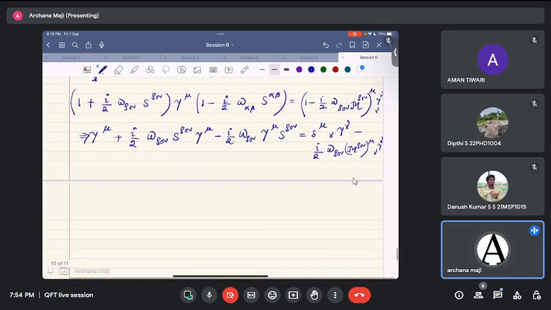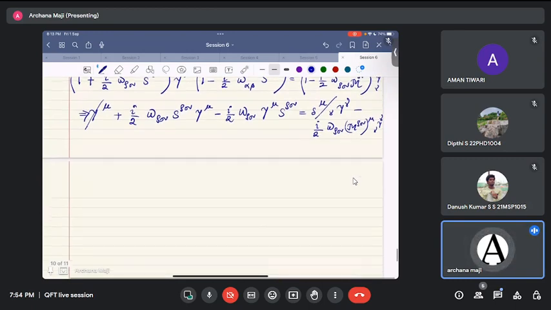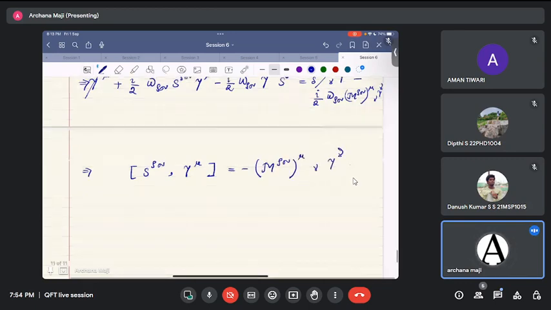Okay, so this will get cancelled out with that, and we have i over 2 getting cancelled out on both sides, omega_rho sigma also getting cancelled out, and so that condition boils down to showing the commutator of S^rho sigma with gamma^mu is equal to minus M^rho sigma mu nu gamma^nu. Okay, so this is what we need to show.